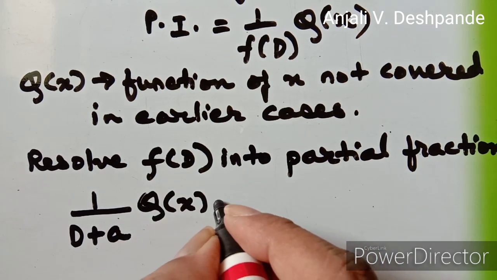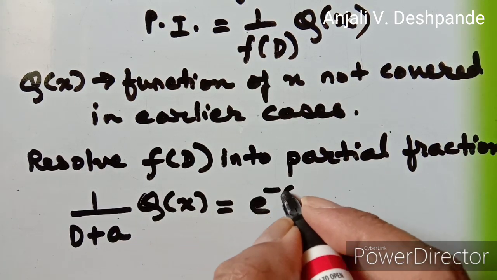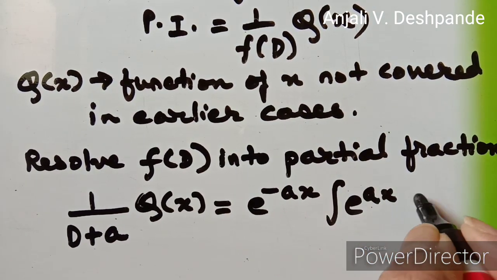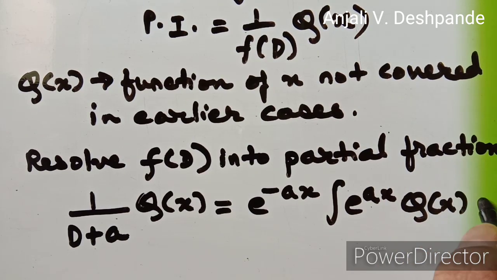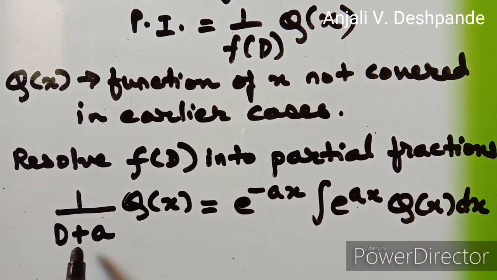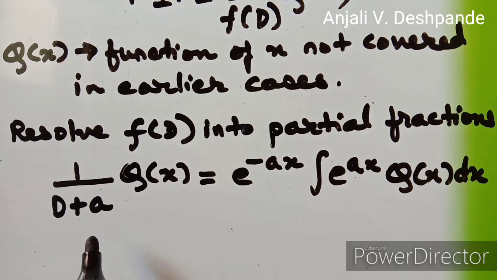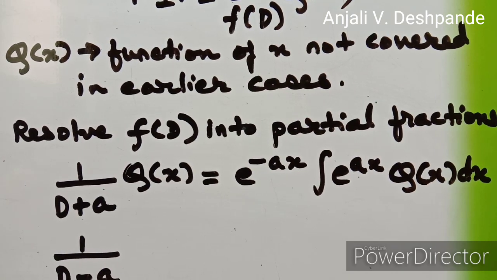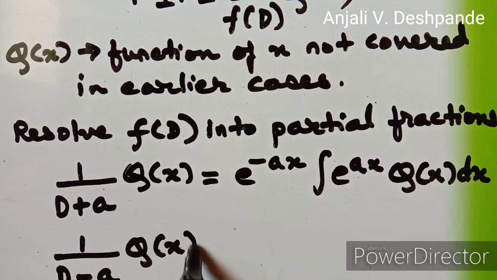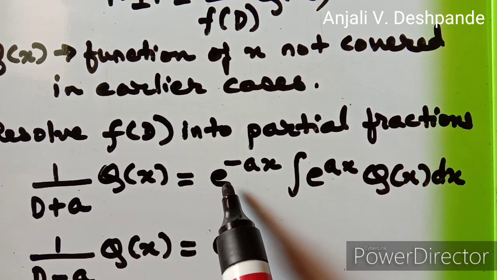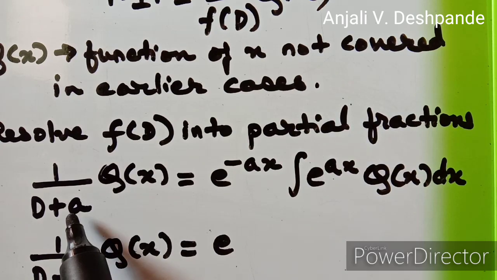1 upon D plus a Q(x) is equal to e raised to minus ax integration e raised to ax Q(x) dx. But supposing our partial fraction has got the term D minus a, then only one small change you have to make: 1 upon D minus a Q(x) is equal to e raised to, you will replace this a by minus a.